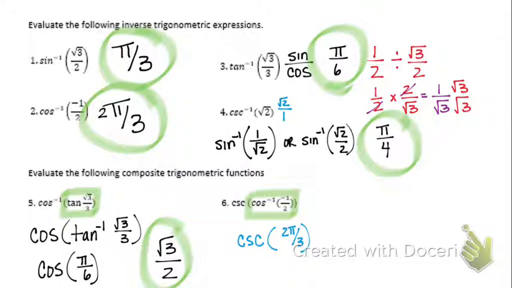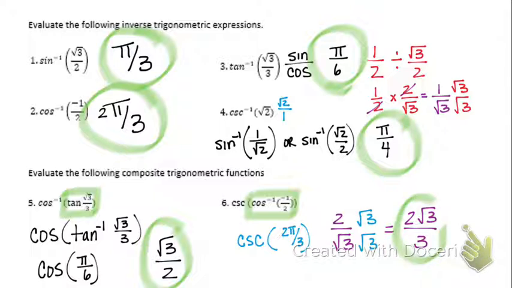Is that what you all got? Okay, so now let's flip that and make it 2 over root 3. But we can't leave a square root in our denominator, so we have to rationalize that. So the final answer that I was looking for is 2 square root of 3 over 3. And that is your final answer.